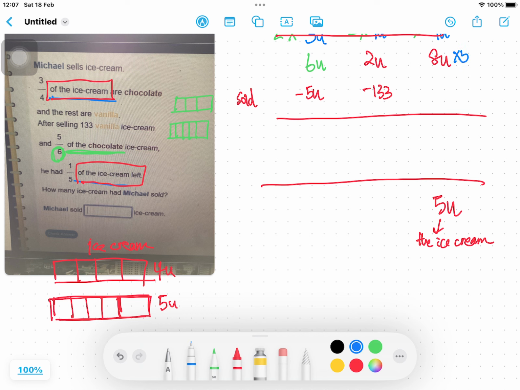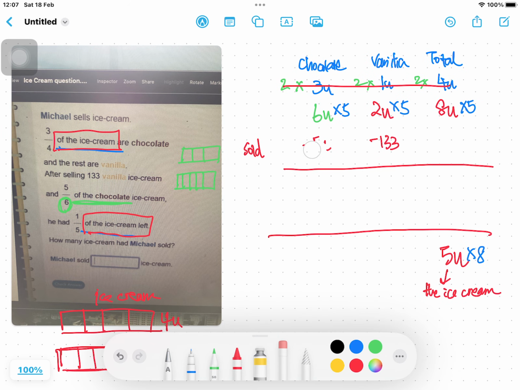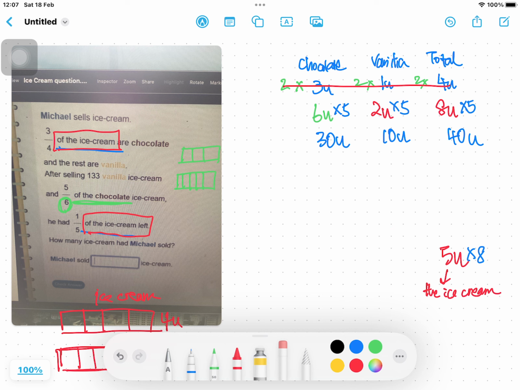Times 5 and times 5. Okay, now I have new information. So I drop this away, I will have 30 units here, 10 units here, and then 40 units. So now I know that my total is actually 40 units. Things change again, huh?